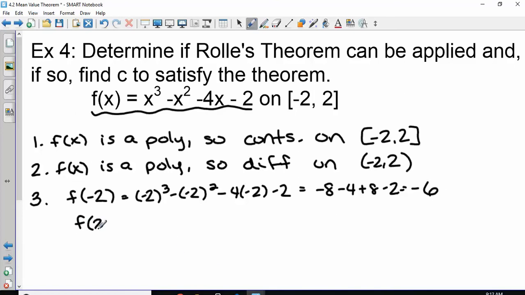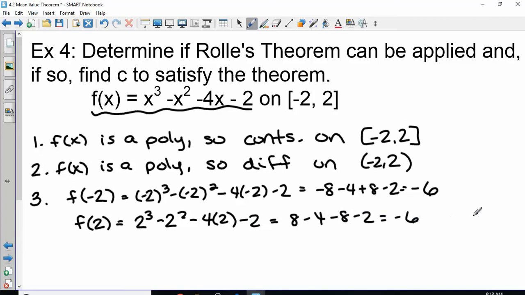If you plug in a +2, I get a -6, so those endpoints are the same. That means Rolle's theorem works.